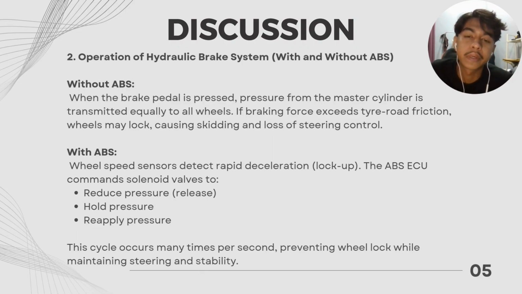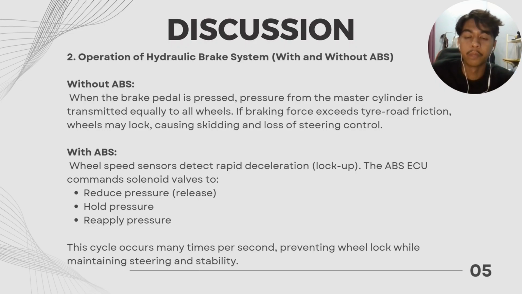So for discussion number 2, which is the operation of hydraulic brake system with and without ABS. We go for without ABS first, which is when the brake pedal is pressed, pressure from the master cylinder is transmitted equally to all wheels. If braking force exceeds tire-road friction, the wheel may lock, causing skidding and loss of steering control.